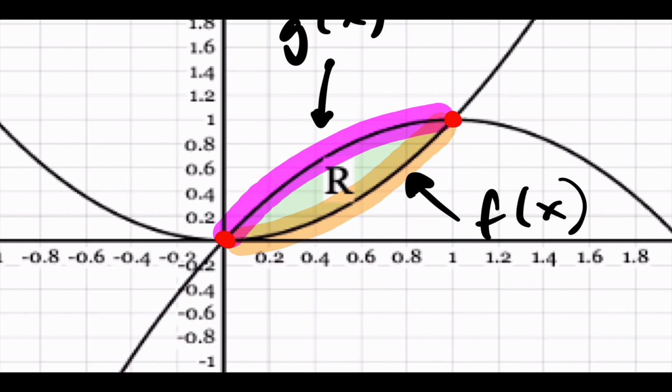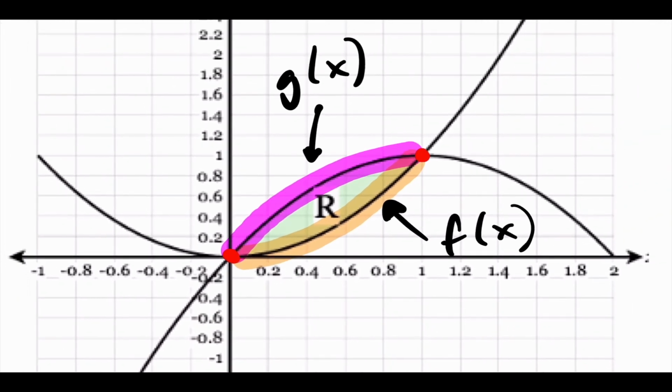The parabolas. What about the parabolas? Those are the points where they intersect. That's where F and G intersect, right? We talked about this. How can we find if they intersect?